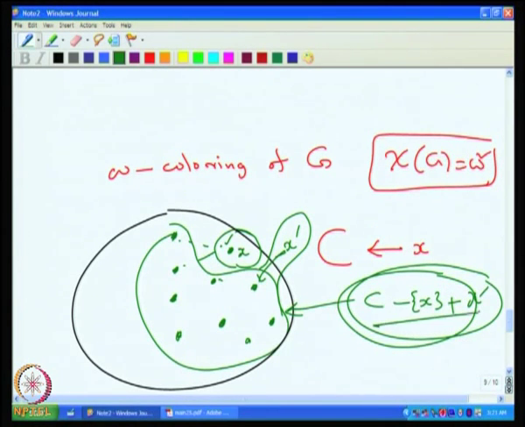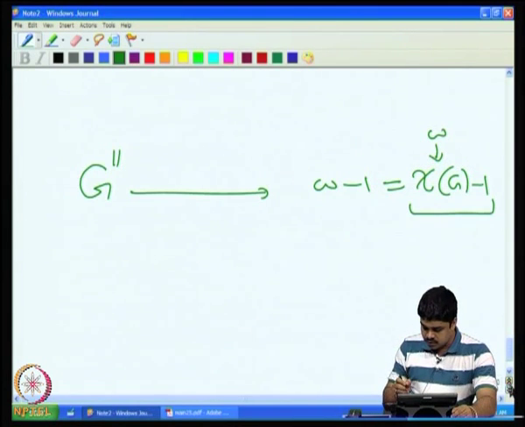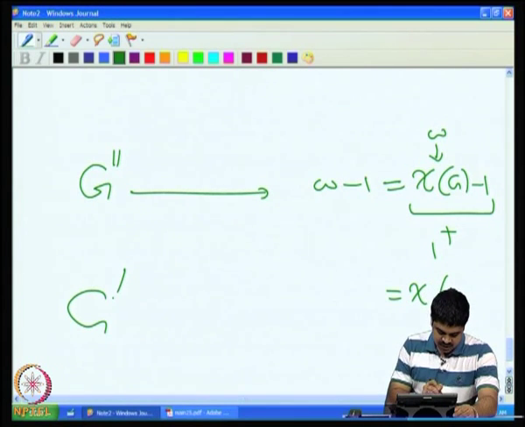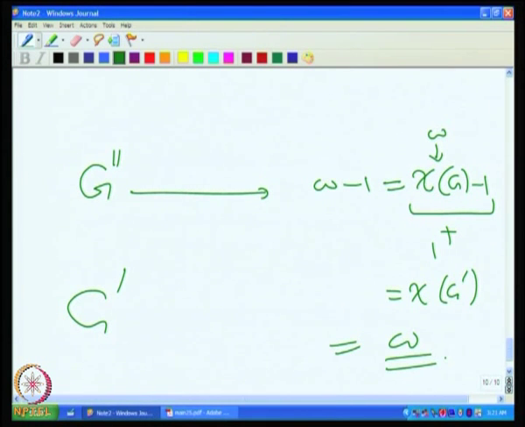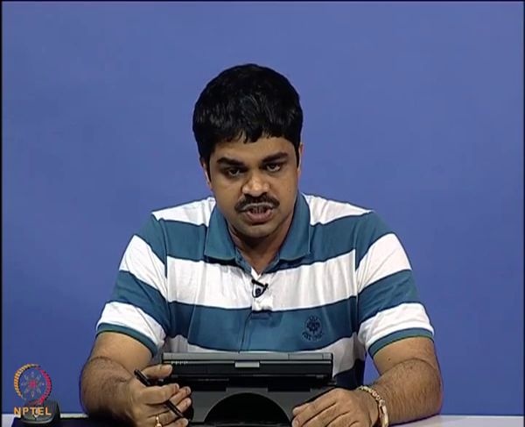Now we can add this new independent set to the graph with just one more color, because all of them need only one color, since that is an independent set. So, this plus one more color will be enough to color the entire graph G dash. Chi of G dash will be equal to omega. So, after expansion, whichever graph was there, we colored with omega colors. This completes the proof that after expansion the perfectness will not be lost.